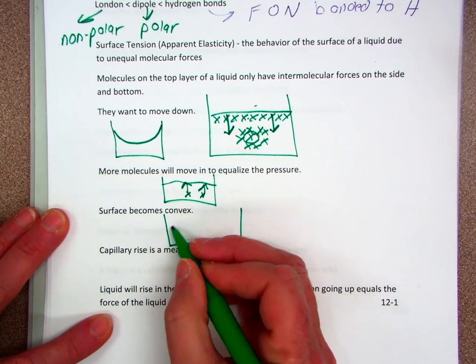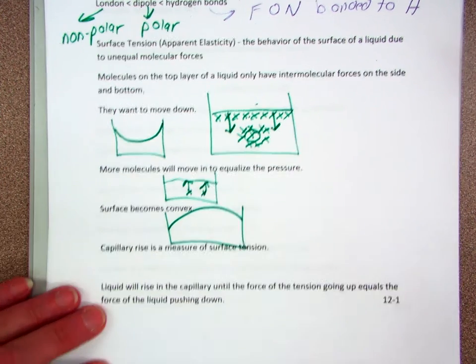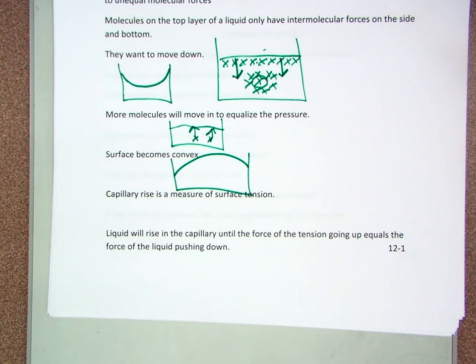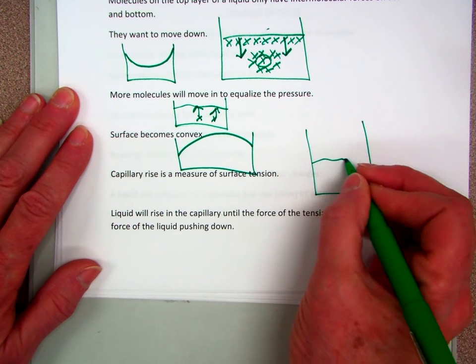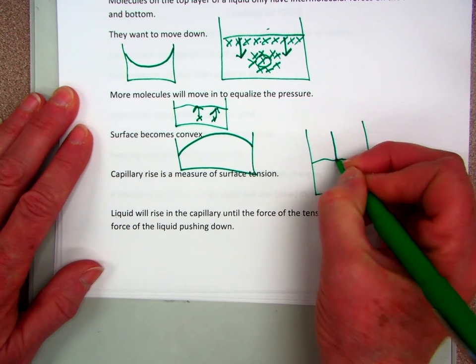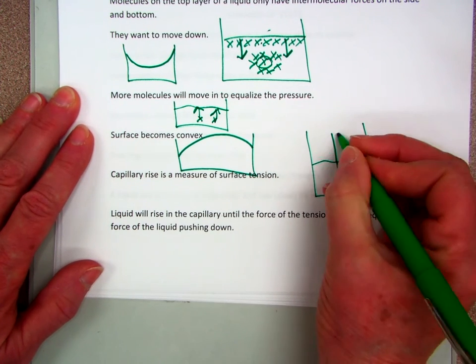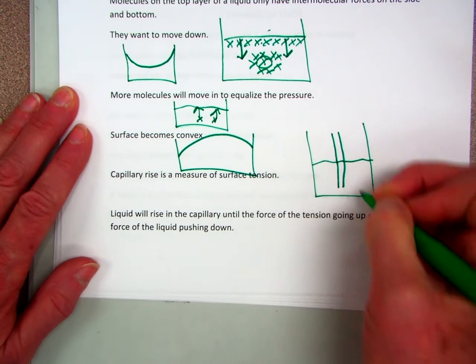And when they do that, this causes the surface to become convex, and the liquid will actually start to move up. This is most noticeable when we have a really small capillary. So if we have a very, very skinny tube, a little skinny glass capillary.